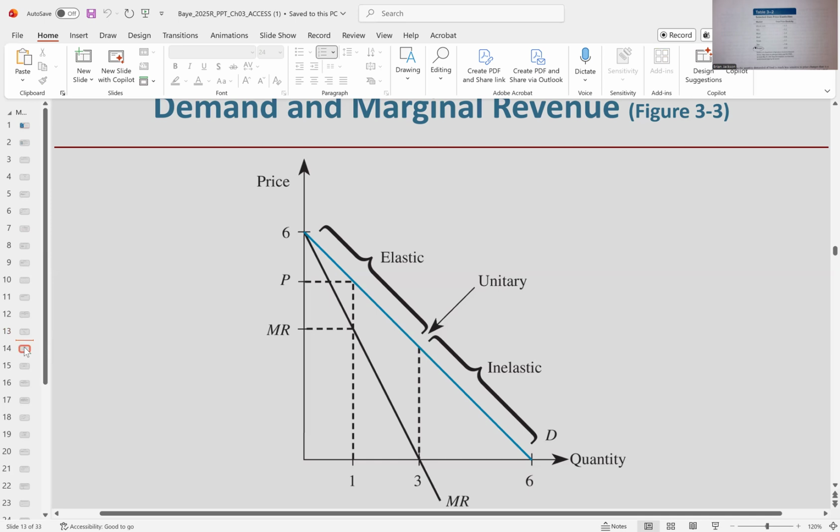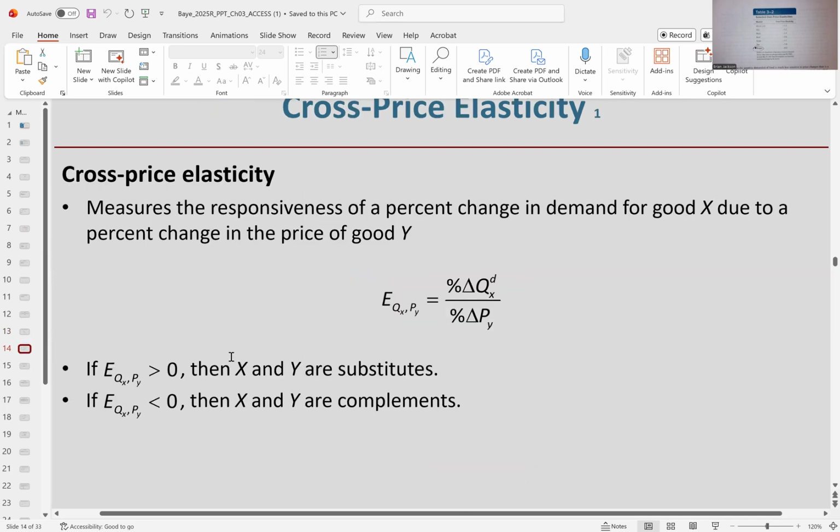Okay. Let's see here. You got cross elasticities, or sometimes we call it cross price elasticities, where the quantity demanded of one good is affected by a change in the price of another good. So, gasoline and automobiles are complements. You have to have gasoline, unless it's an electric automobile, to drive most automobiles.